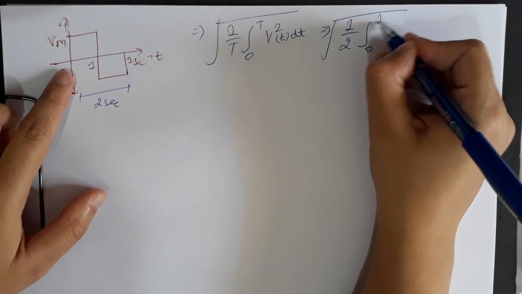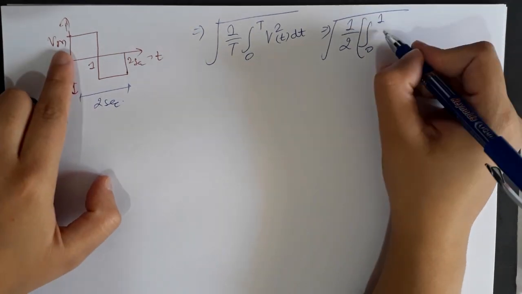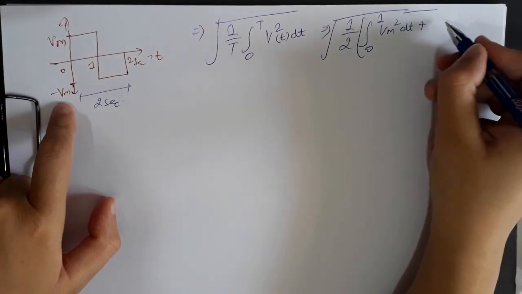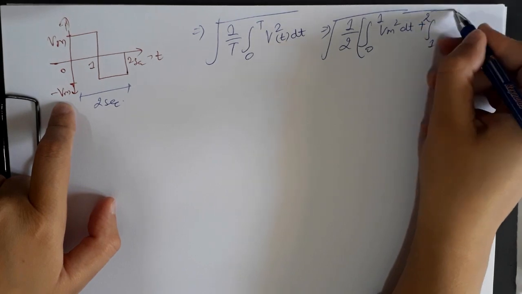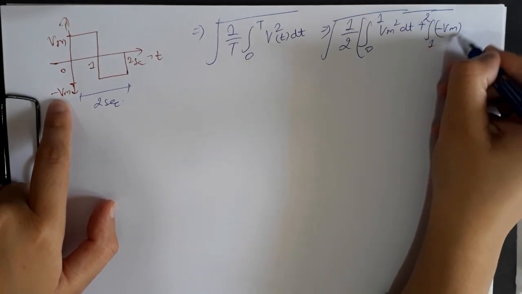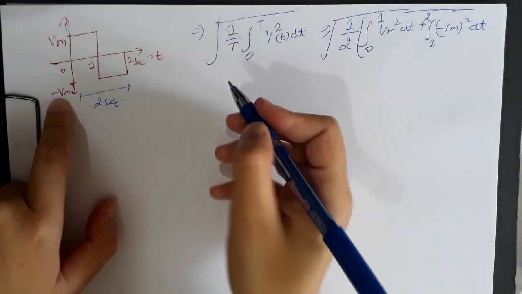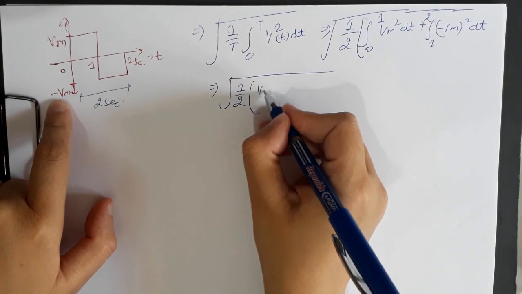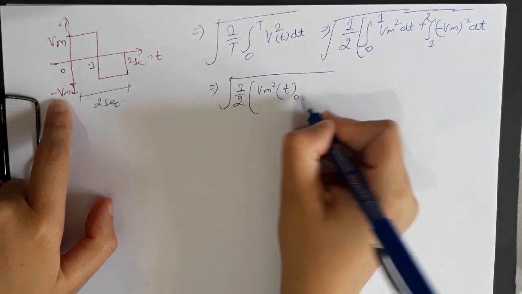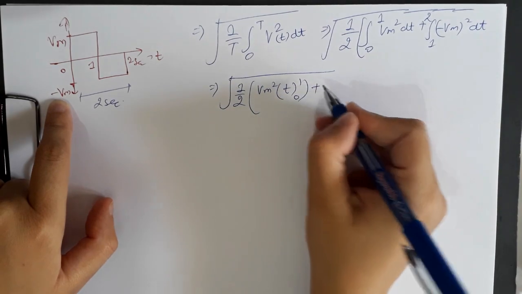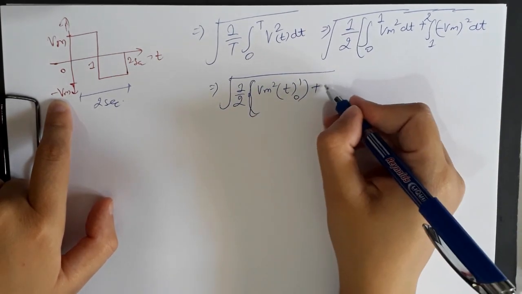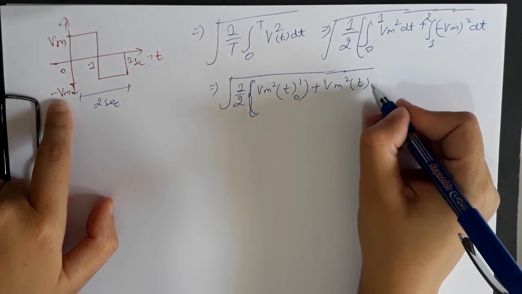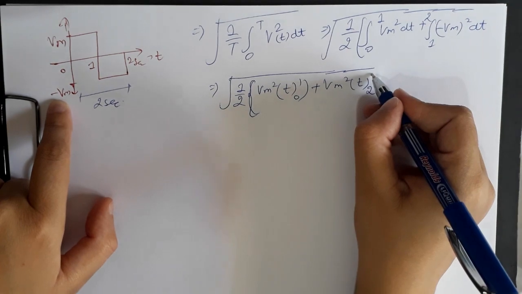From 0 to 1 our value is Vm, so Vm square into dt, plus from 1 to 2 our value is minus Vm, so minus Vm square into dt. Now friends, integrate it, 1 upon 2, this is Vm square t from 0 to 1, plus Vm square t from 1 to 2.